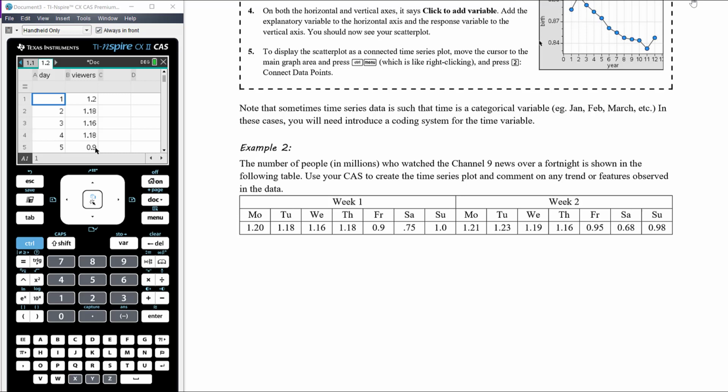I'm going to call Monday of week 1, day 1, Tuesday of week 1, day 2, Wednesday of week 1, day 3, and so on up to 13, 14. Okay, so you need to create a time code if your time variable is categorical. So obviously we've got days 1 to 14 happening here.